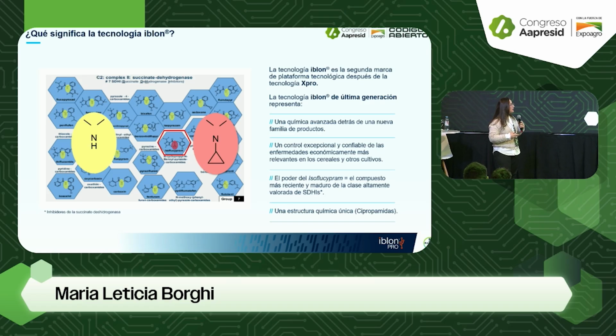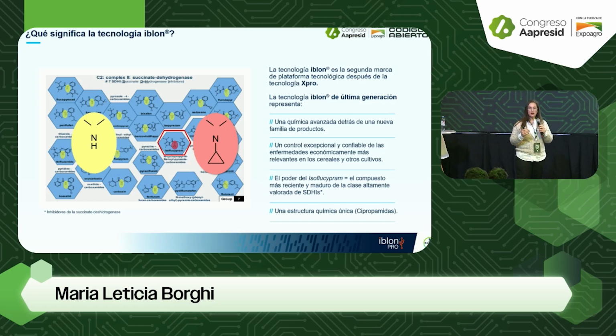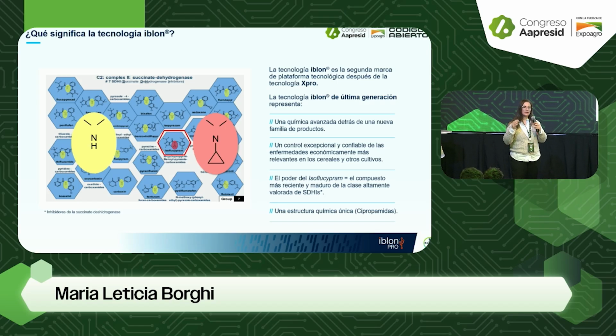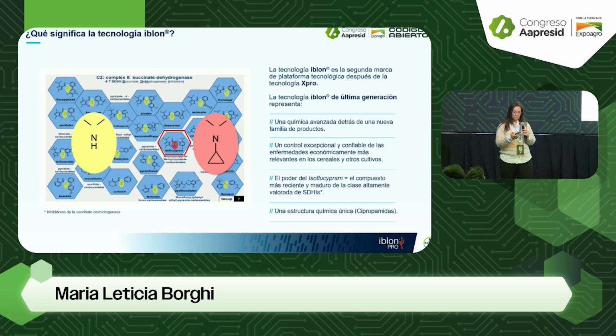But precisely because it has 3 atoms of carbon together, in this fashion, we form a triangle, and the characteristic of this triangle is that the angle where those carbon atoms come together is small in comparison to what naturally occurs in the chemical field, and that's what gives isoflucipram a high power vis-a-vis other carboxamides.